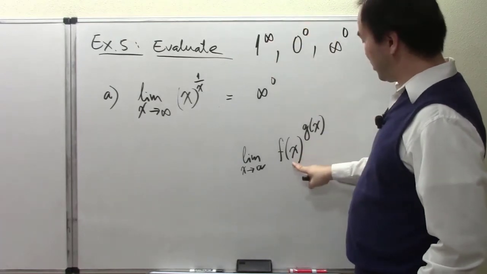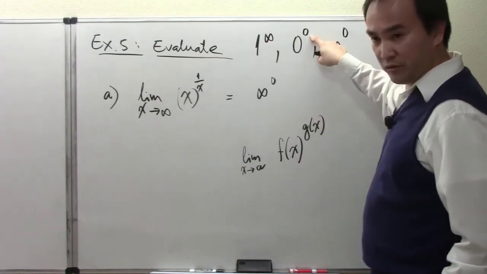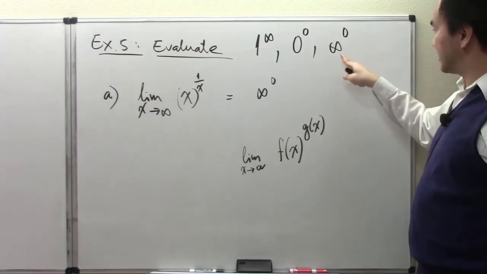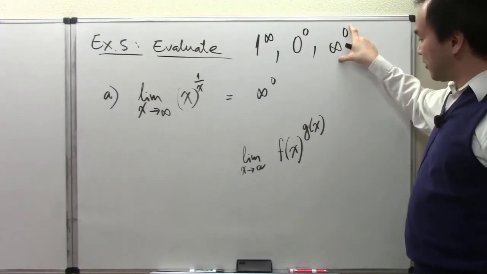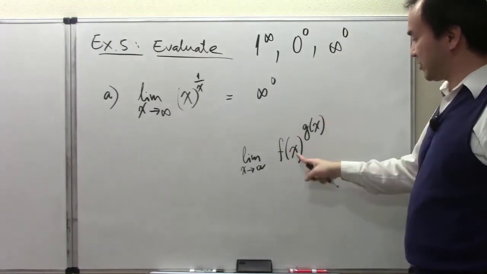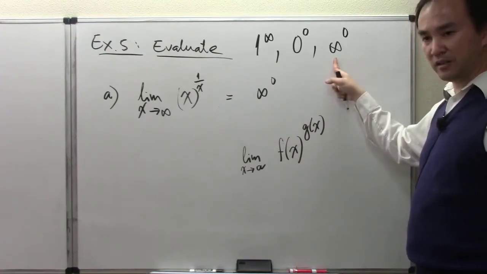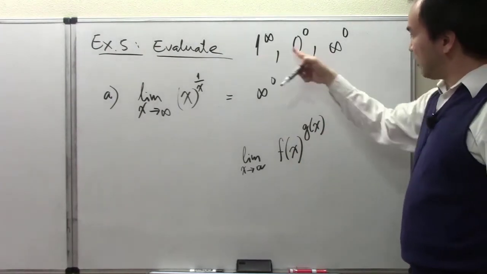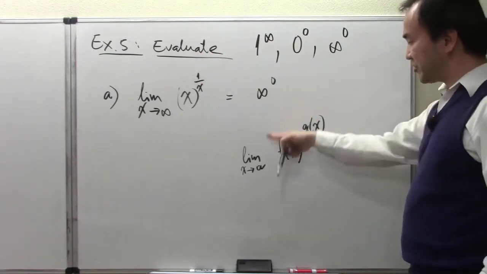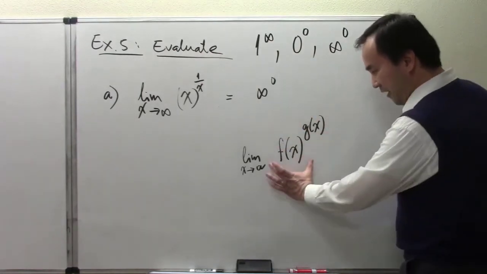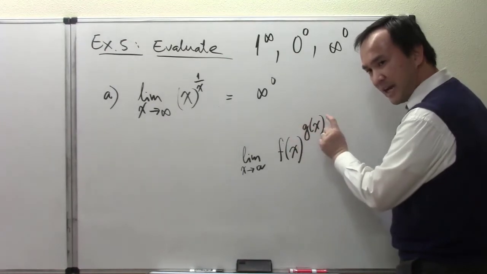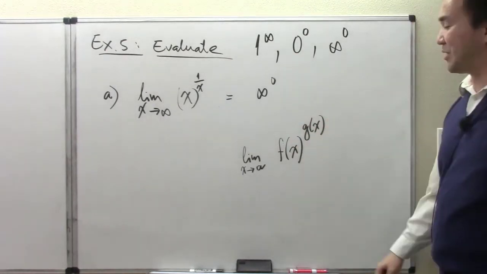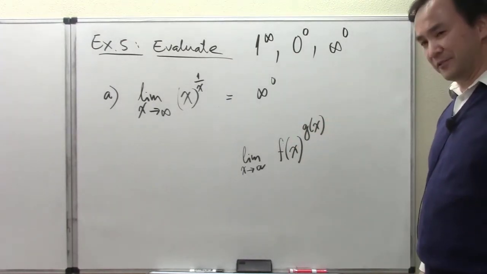That can be the case where f goes to 0 and g also goes to 0. And this indeterminate form can be the case where f goes to positive infinity but g goes to 0. But any one of these three forms came out from the original form with a function being raised to a power being another function, and that's what I want to emphasize right there.